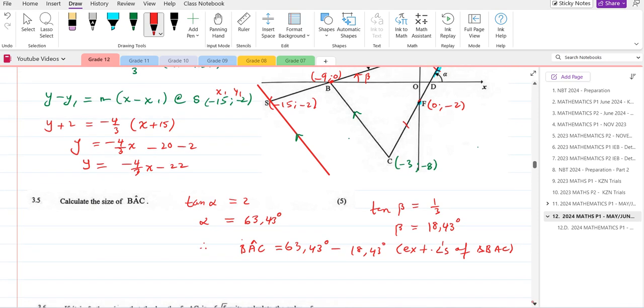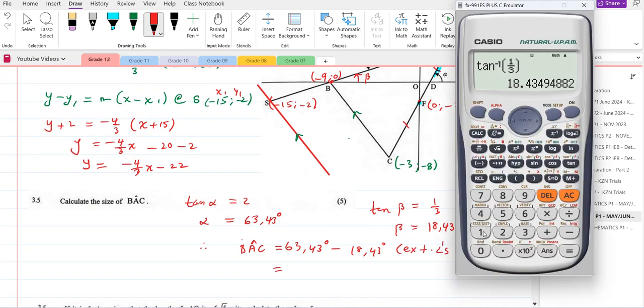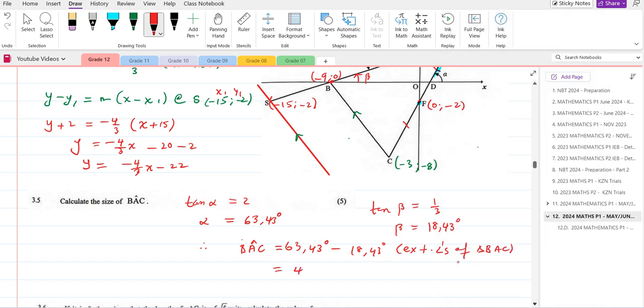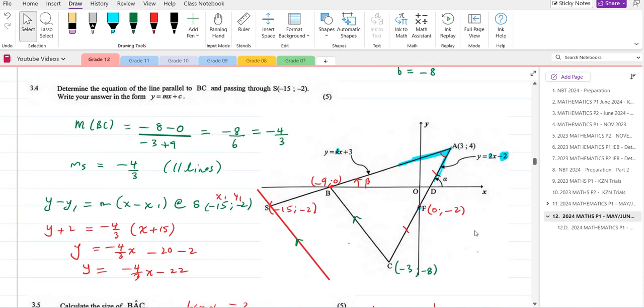Now we can solve. What is 63.43 minus 18.43? I've got an answer of 45 degrees. Perfect. So we know that angle A is 45 degrees.